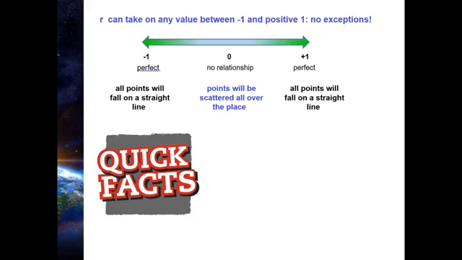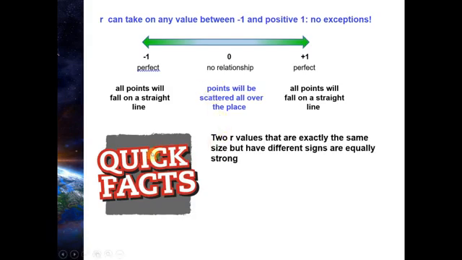It's getting stronger, more predictable. Same thing here. As our R value is increasing in size in the negative direction, that tells you that the relationship between X and Y is getting stronger. In other words, it's approaching perfection. It's more predictable. Okay?